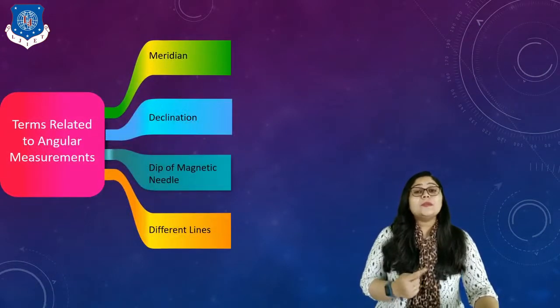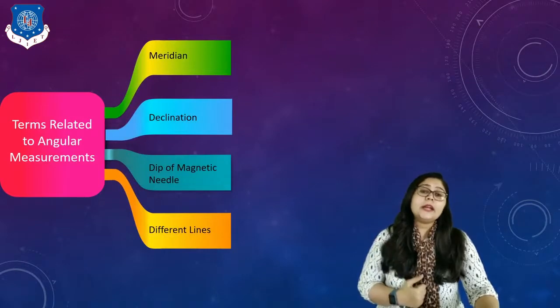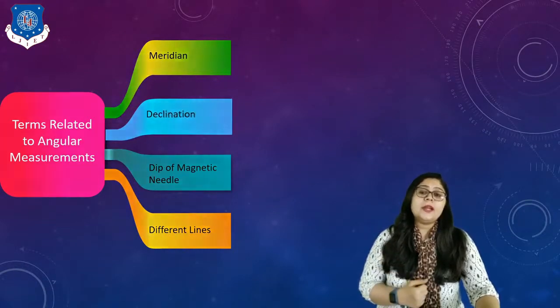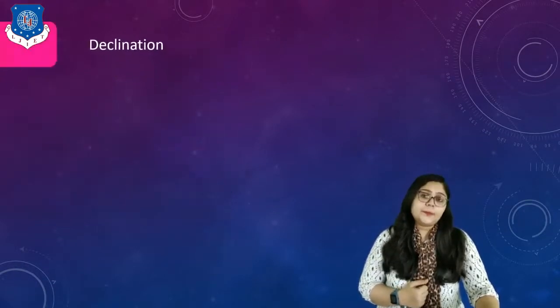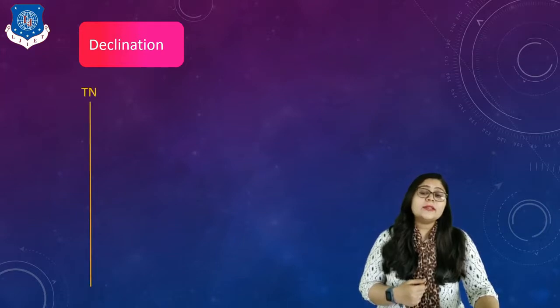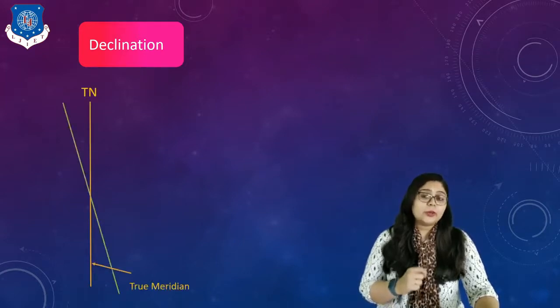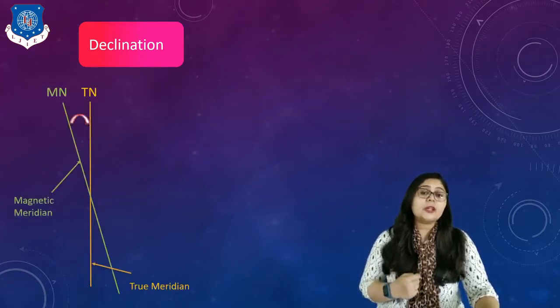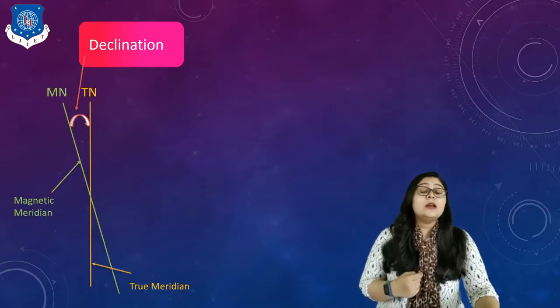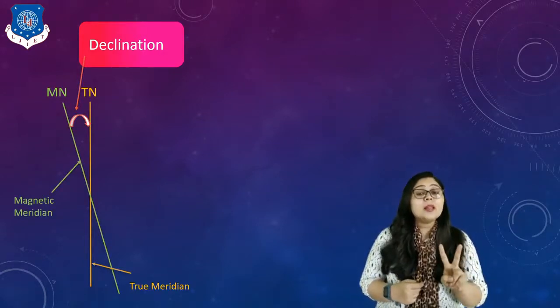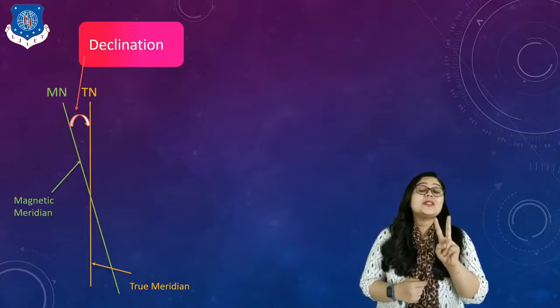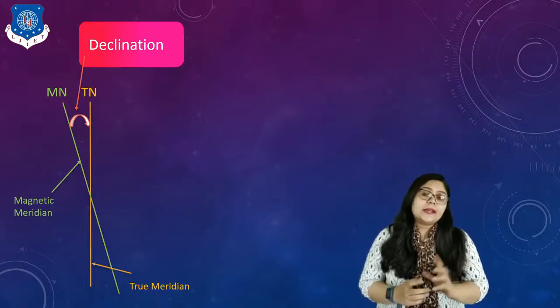Now, let's move to the next term related to angular measurement, which is declination. Now, the question comes, what is declination, right? So, first, see, this is the true north. It means the true meridian. This is the magnetic north. It means the magnetic meridian. Now, I am saying the angle between these two reference lines is known as declination.